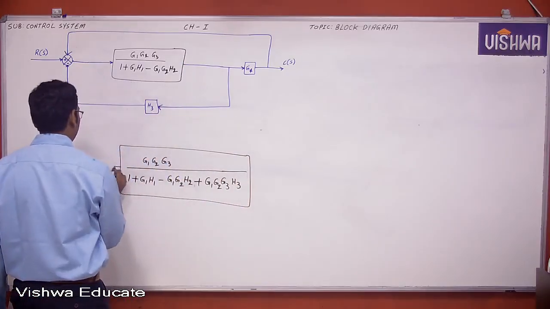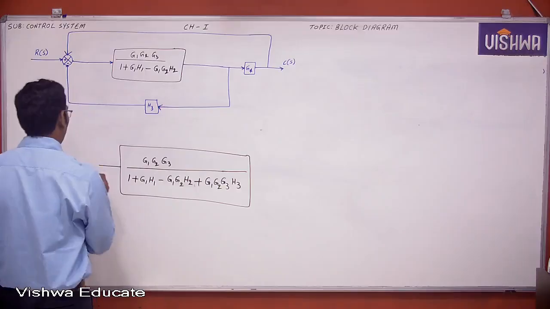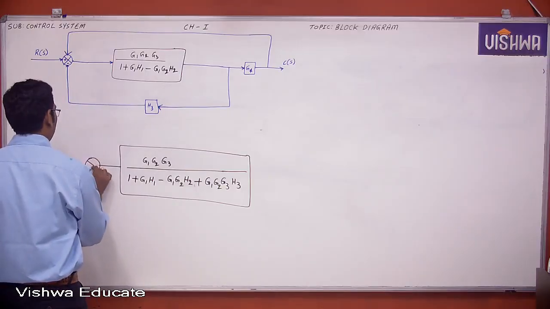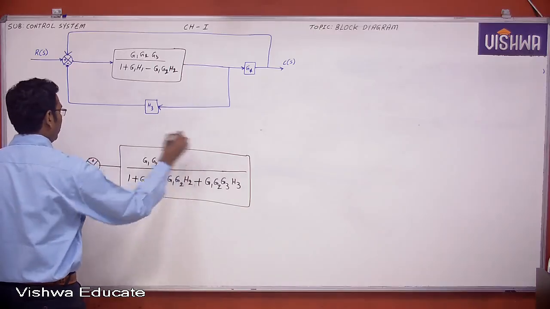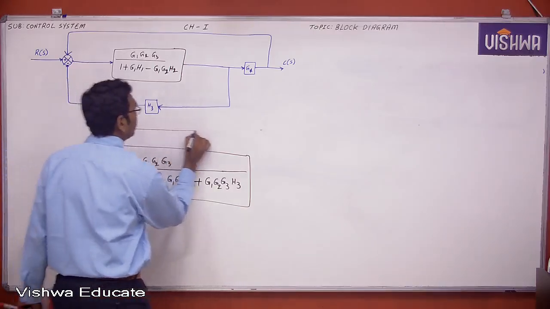Finally, now this is R of S. Now this feedback is already given. But now there is a feedback here.